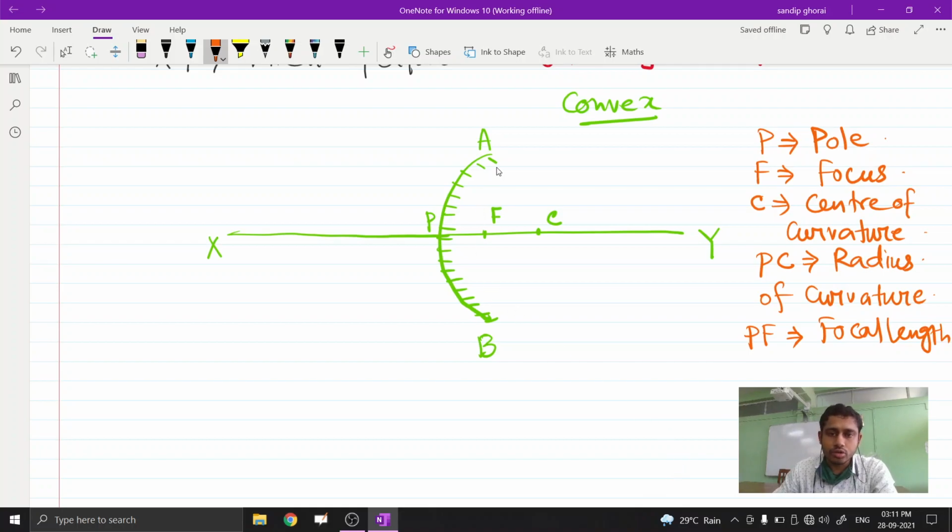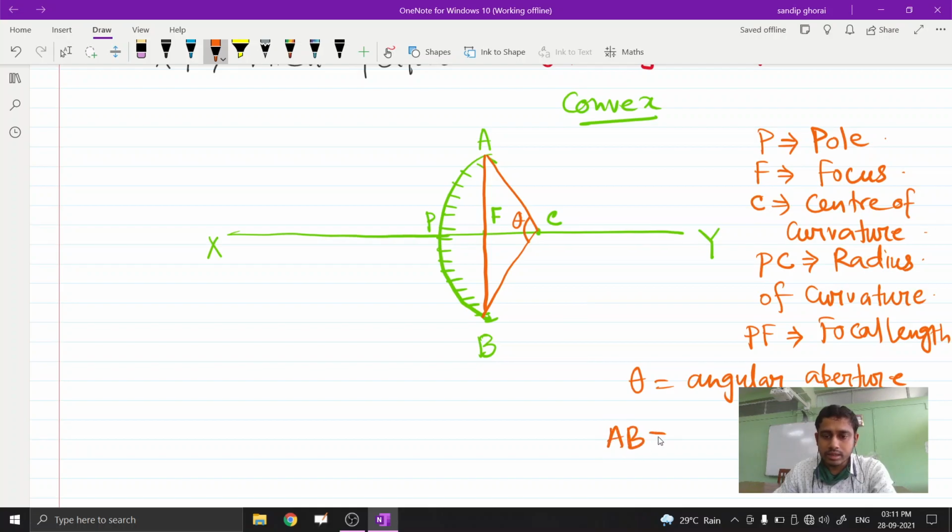If we connect these lines, we get this theta, which is the angular aperture, and the line AB is the linear aperture. And here the definition of focus is changed.